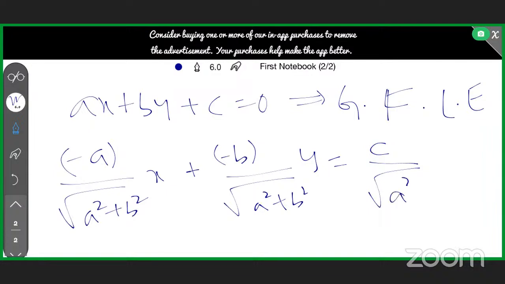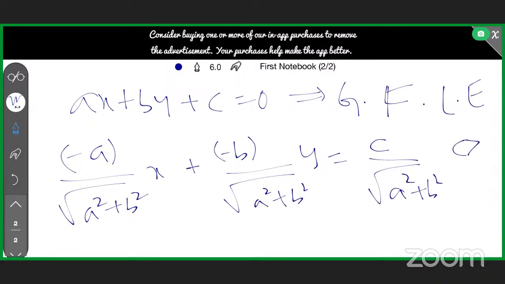This is the normal form of this equation when C is greater than 0.